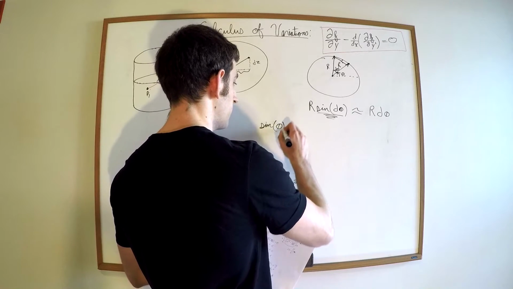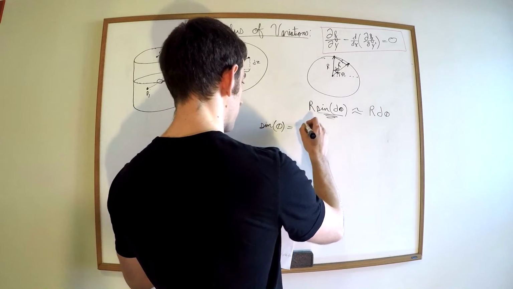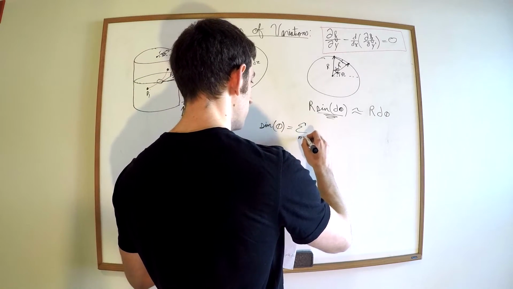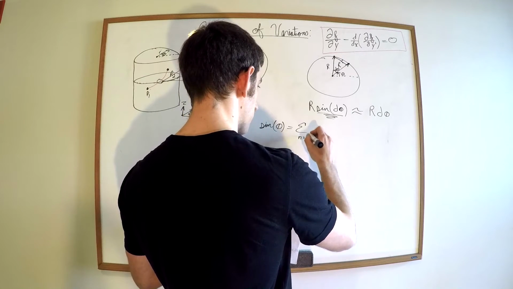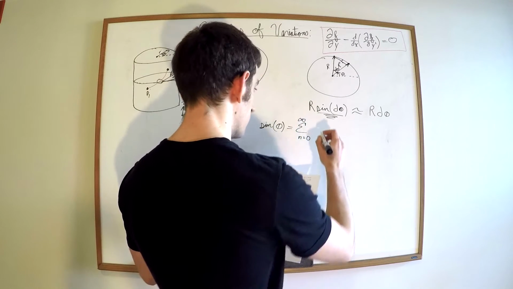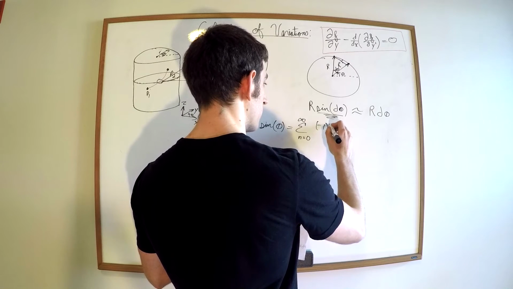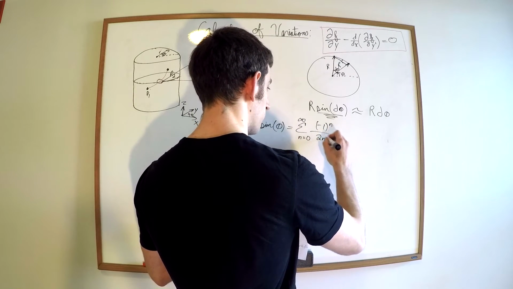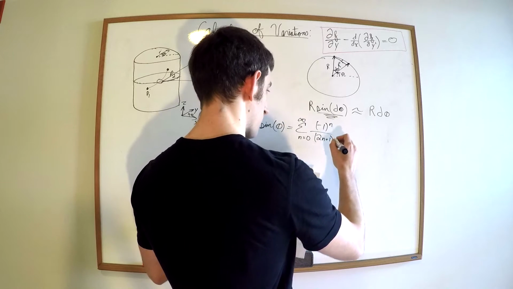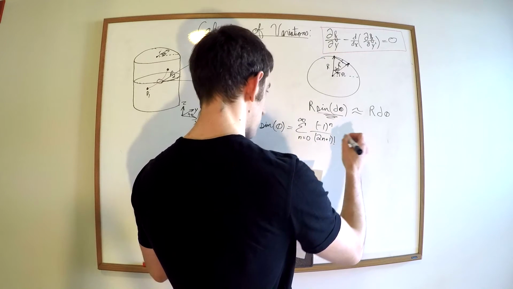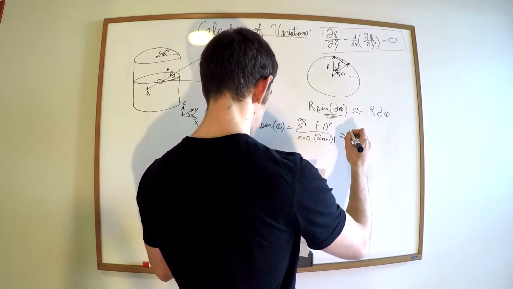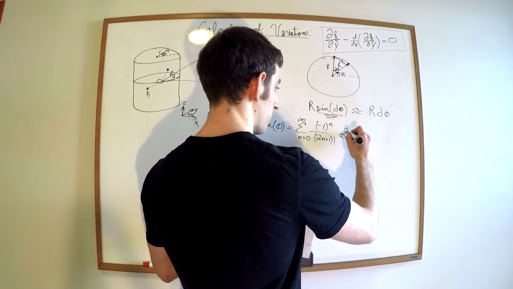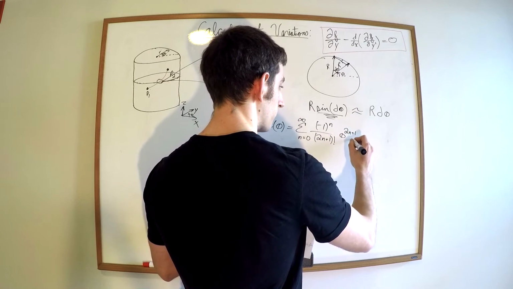So the result for sine, I'm going to put theta here, is the following. It's the sum from n equal to 0 to infinity of (-1)^n over (2n+1) factorial times theta to the 2n+1.